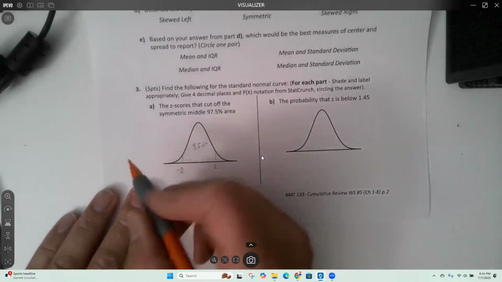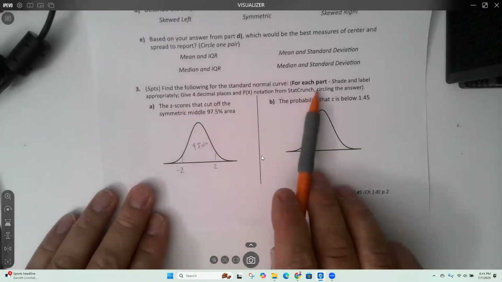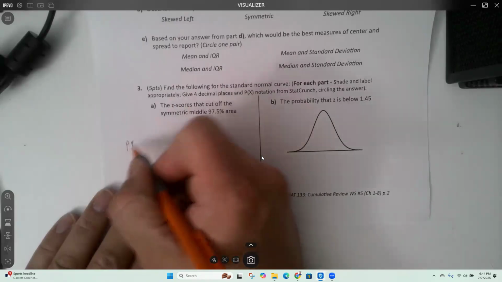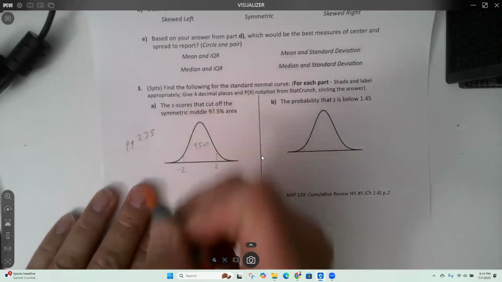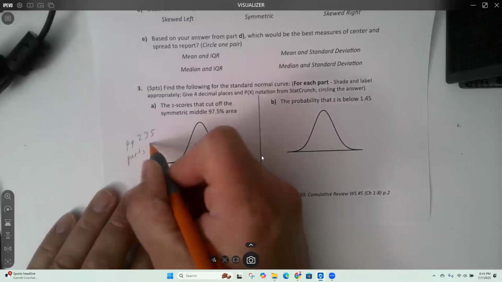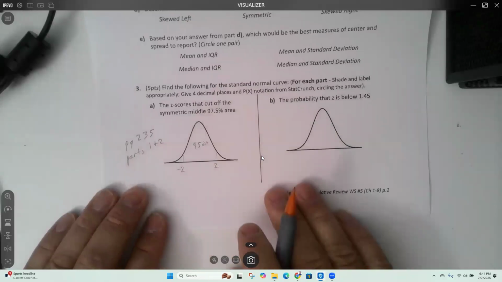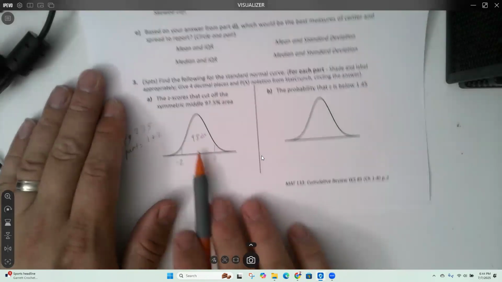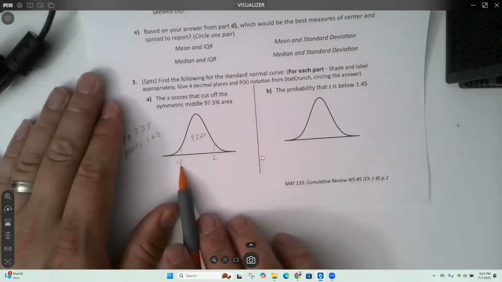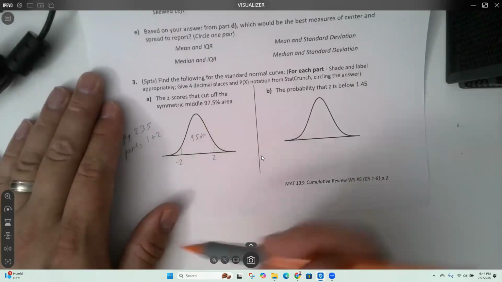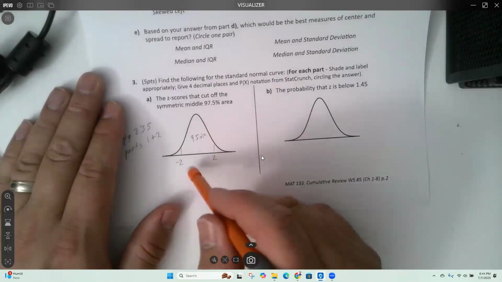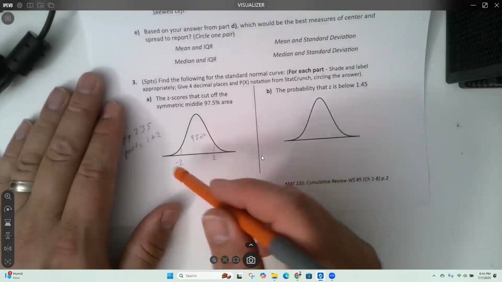Down here, find the following. This one is on page 235 in our course pack, parts 1 and 2. If it was 95%, then my answer is easy: it's -2 and +2. Or if it was 68%, that's 1 or -1. 99.7% is 3 standard deviations.